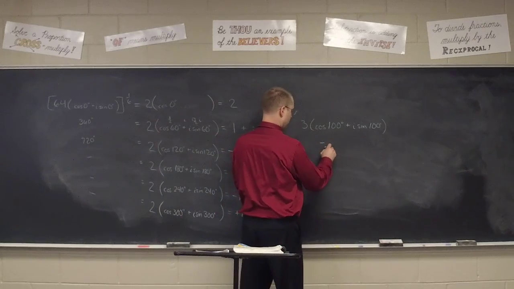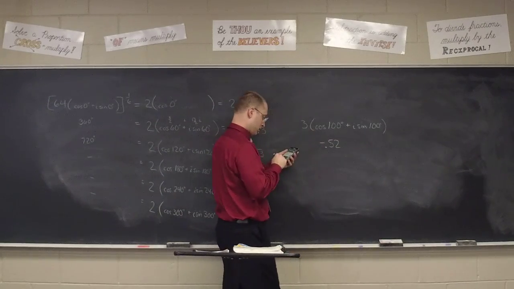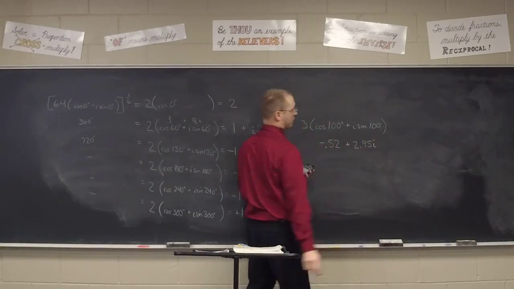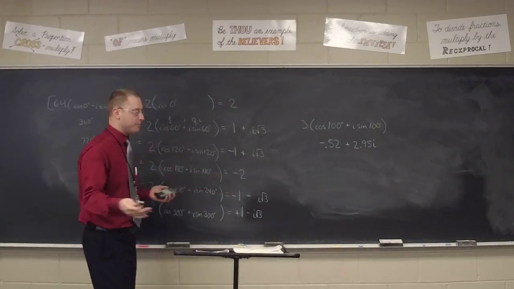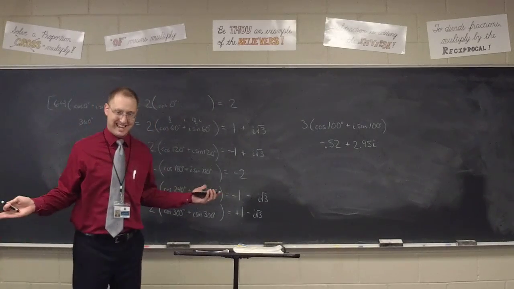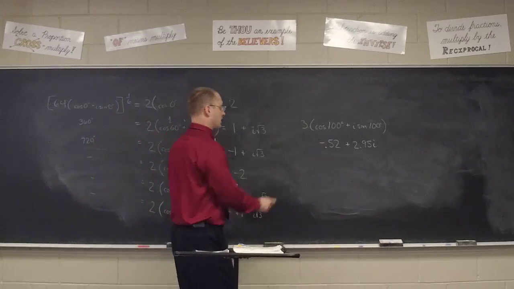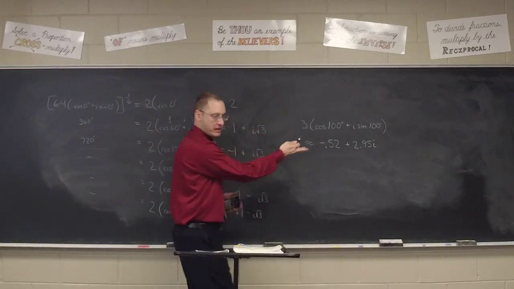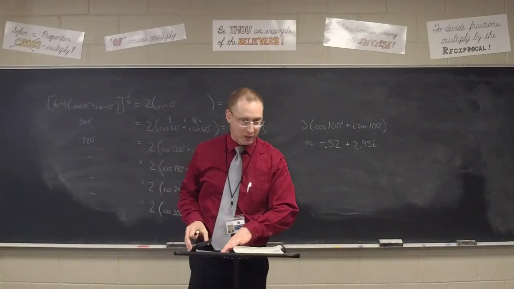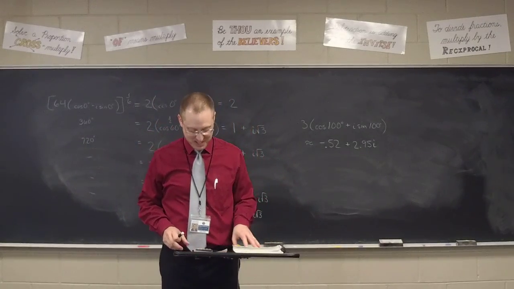Negative 0.52. And of course, we wouldn't want to lose our I, right? So if we did happen to come up with one that wasn't special, we could distribute like that. It's a little less satisfactory because it's only approximately equal to that, whereas this is exactly equal. But, you know, whatever. I think we can get over it pretty quickly. Questions on that? All right.